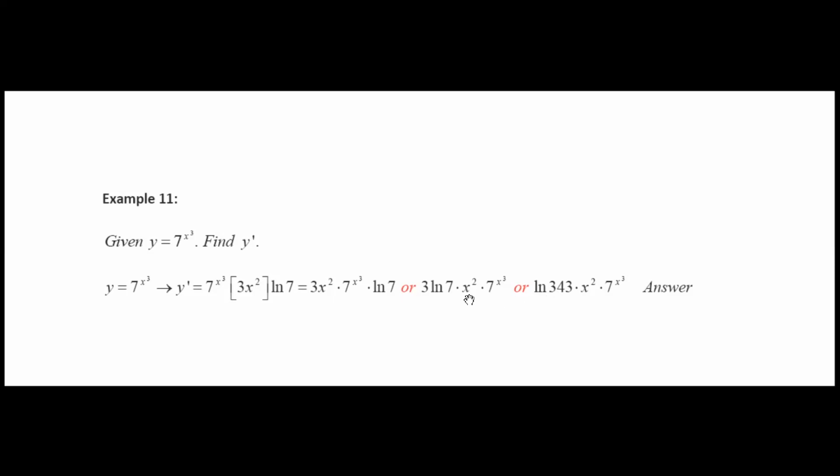Well, we'll go ahead and tell you. 3 ln of 7 is, using the property, the same as ln of 7 cubed, and when you cube 7, this is what you get. But don't let us confuse you too much here; see if you can get it to this point right here.